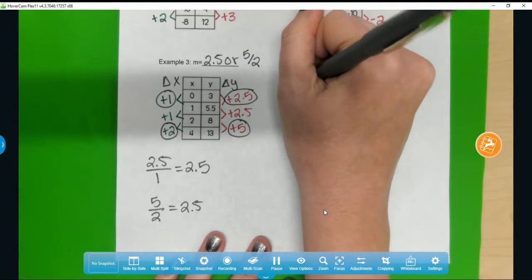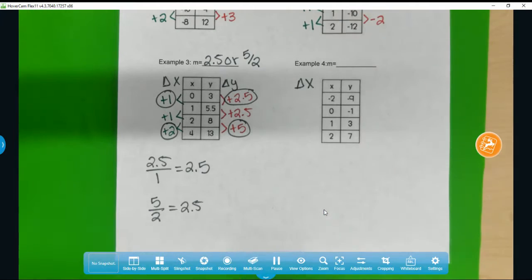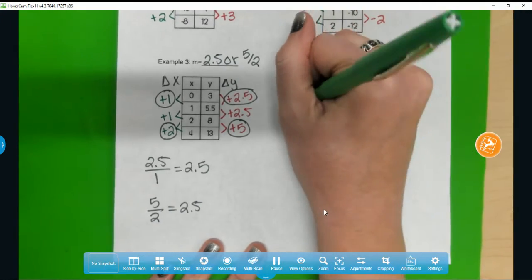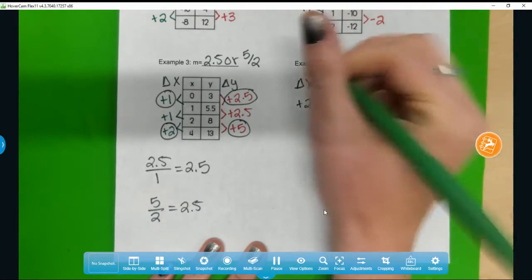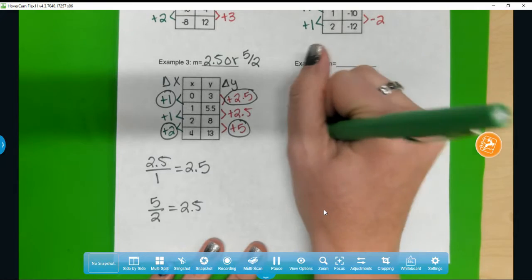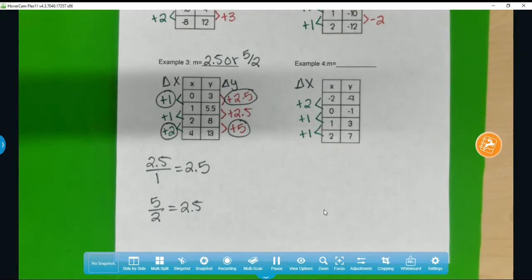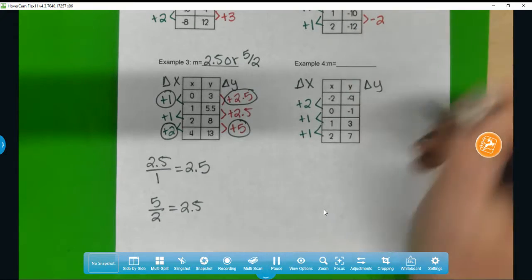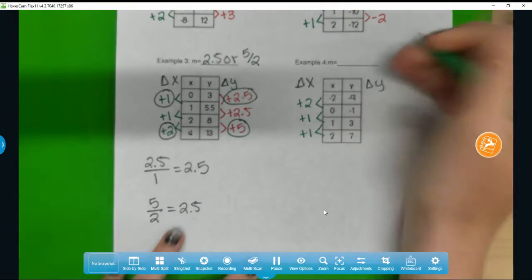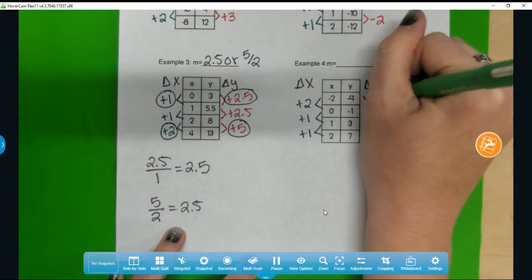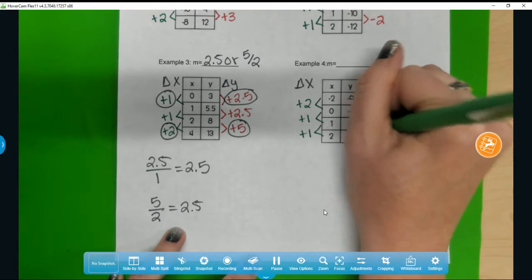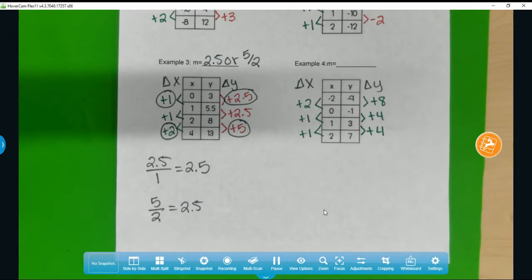Okay, last example of a table. Okay, so here we are adding 2, adding 1, adding 1. For the y, here I'm adding 8, adding 4, adding 4.